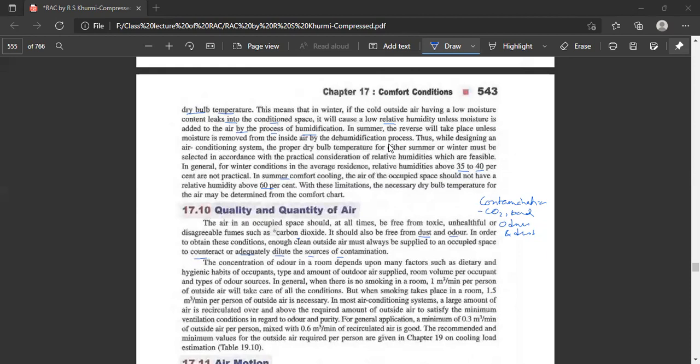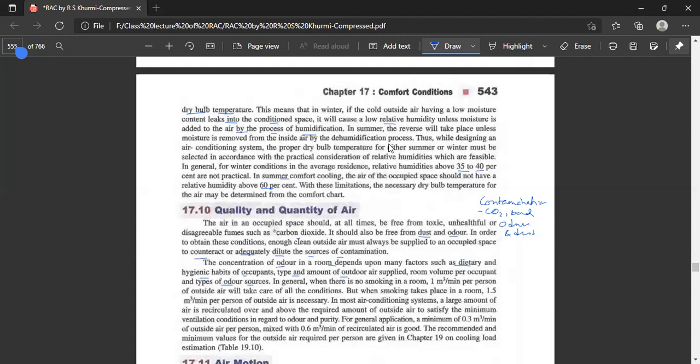Next, the concentration of odor, meaning the bad smell in a room, depends on so many factors such as dietary and unhygienic habits of the occupants, type and amount of outdoor air supplied, the room volume per occupant, and type of odor sources, etc. So bad smell or odor can be due to so many things, maybe the bad practice of the occupants of the room, or some bad smell outside supplied inside. So many things can be the reason.